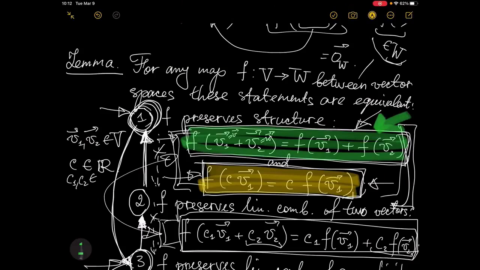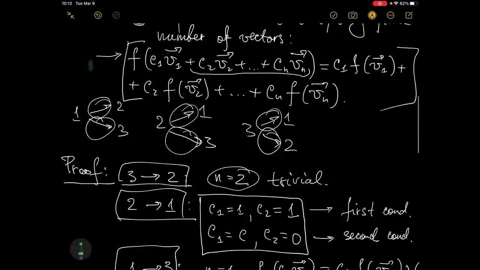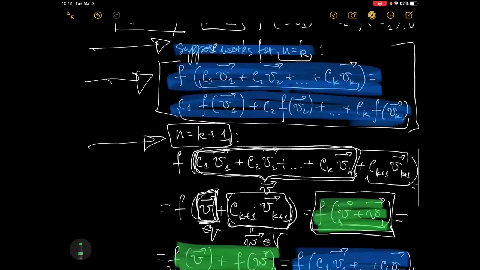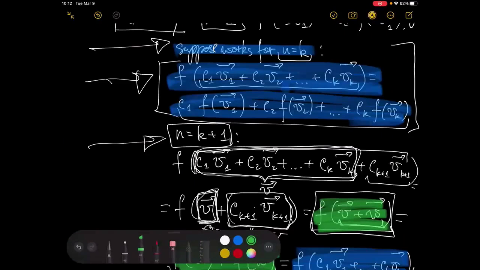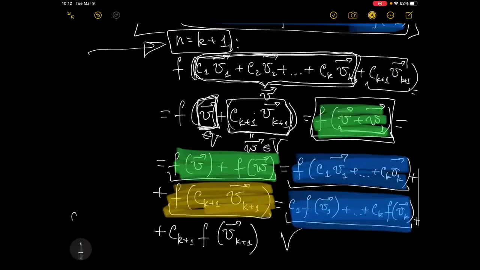Clear or not? Yes. So you see, I started from the induction hypothesis. Let us suppose that it works for k. Now, for k plus 1, I first use statement 1 to get this, right?